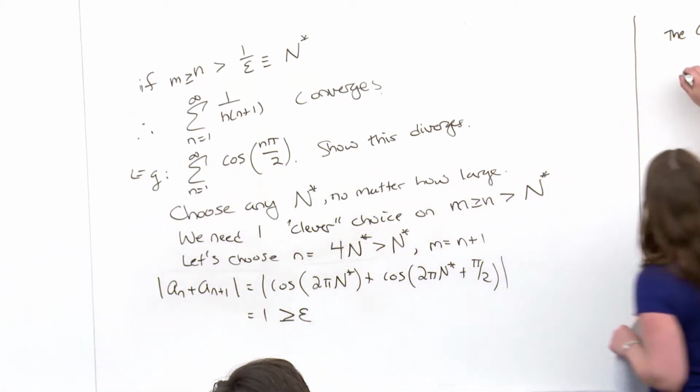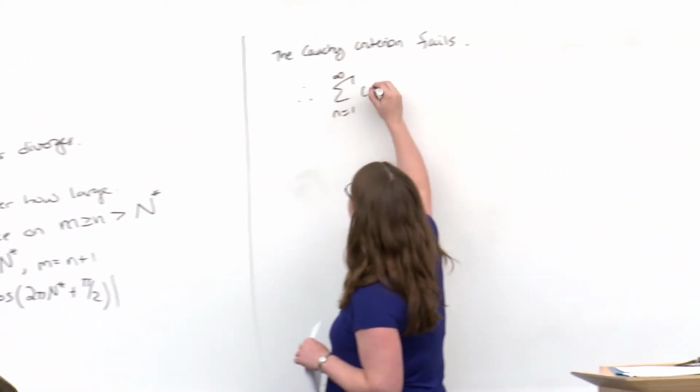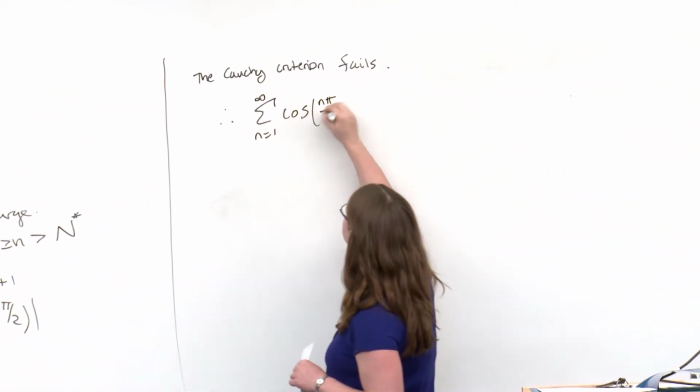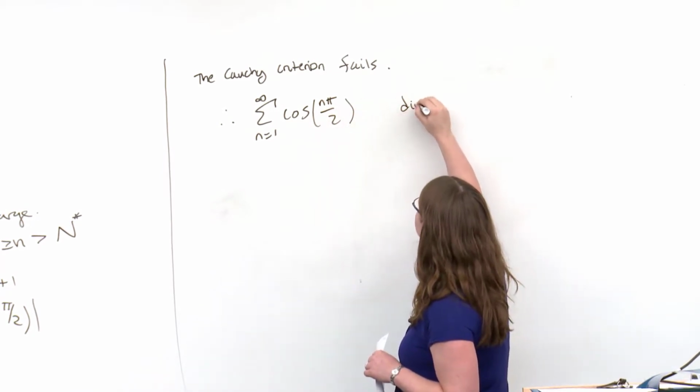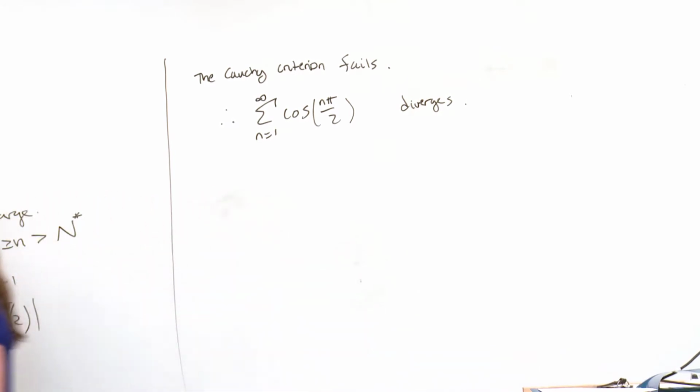So right away we can say this series diverges. Any questions on this example? It always feels more complicated trying to break the definitions than trying to satisfy them, I think.